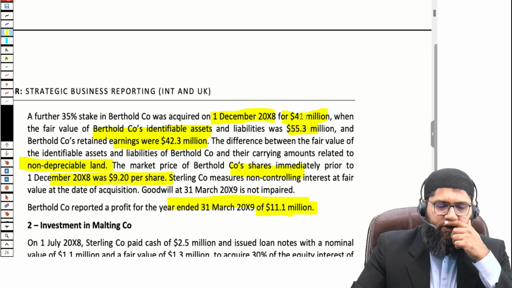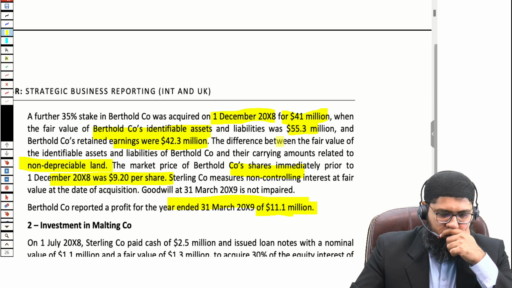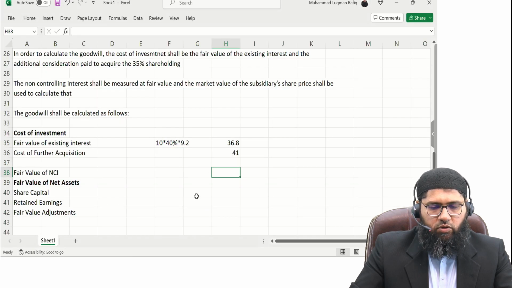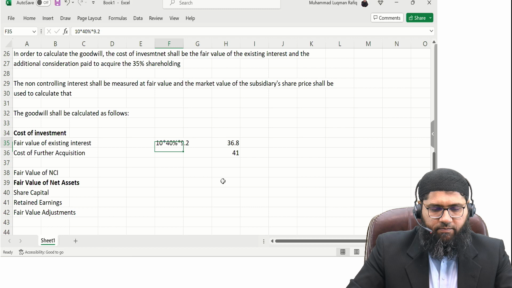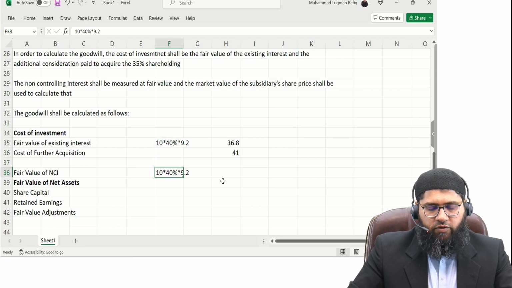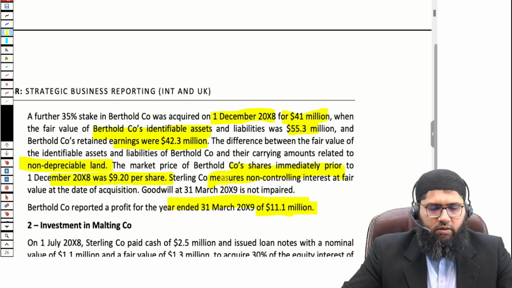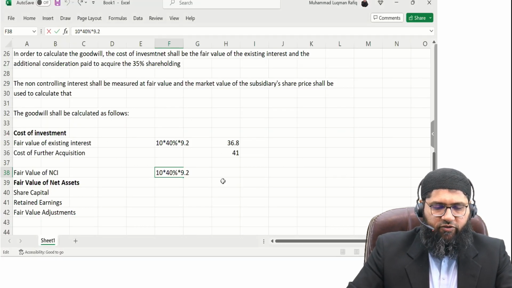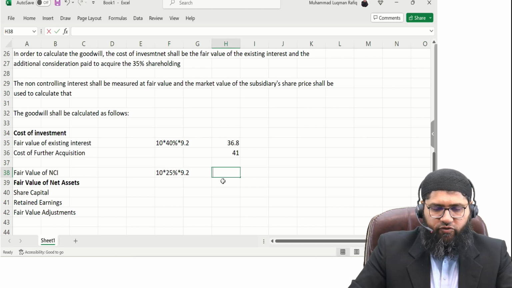The fair value of non-controlling interest is going to be on the basis of, again, see what actually happens: you had 40% share, now you have 35% more. So actually 25% belongs to NCI.